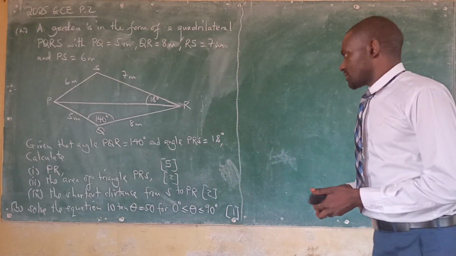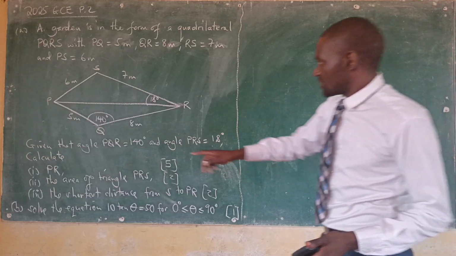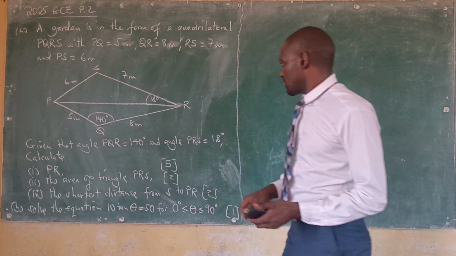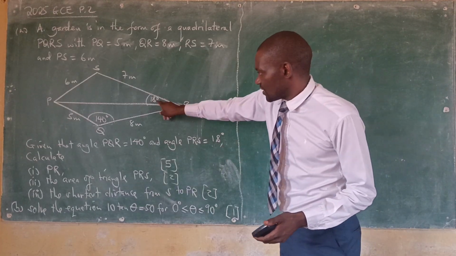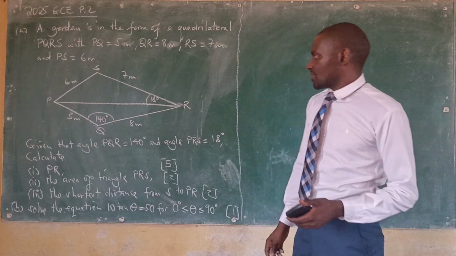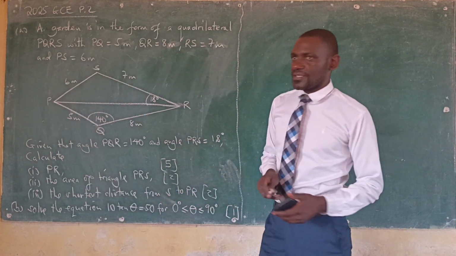Then given that angle PQR is equal to 140, this angle here is 140, and angle PRS equals 18. Calculate PR. So PR is simply this distance.